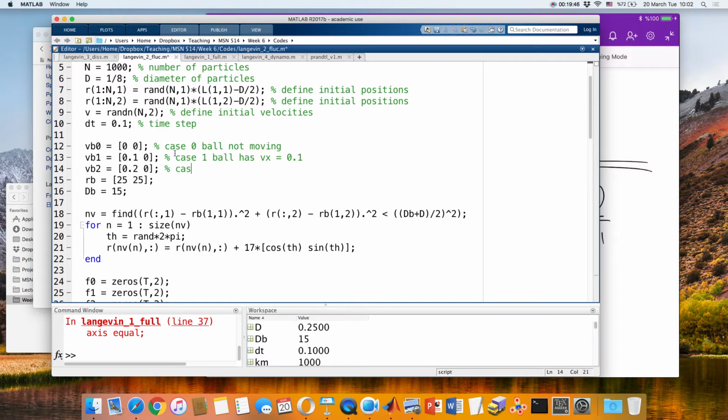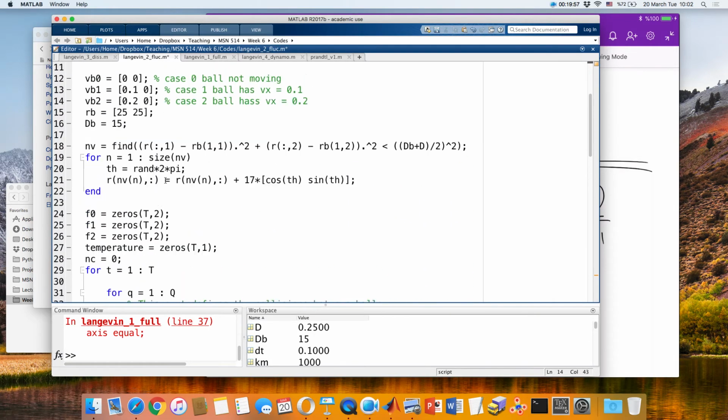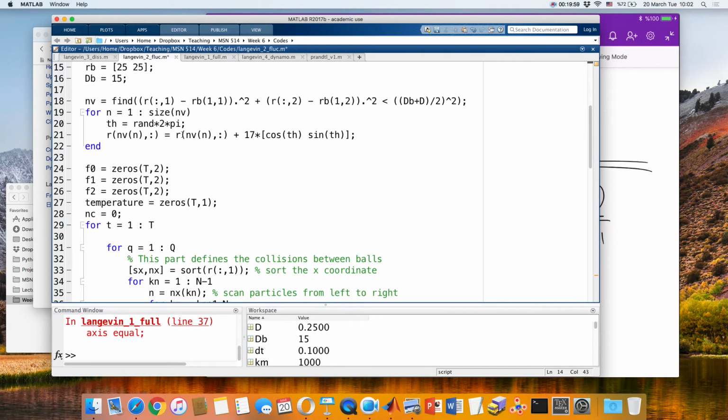And case 2, ball has Vx equal to 0.2. The rest is the same. And this one will record forces for case 0, case 1, case 2.